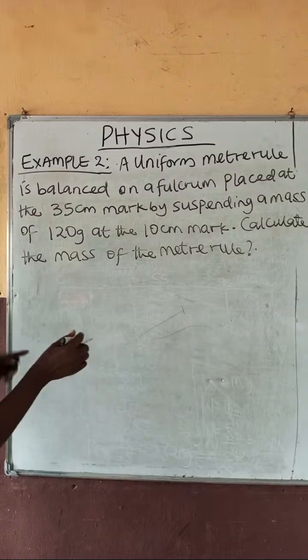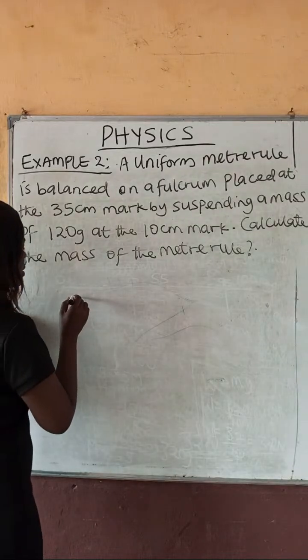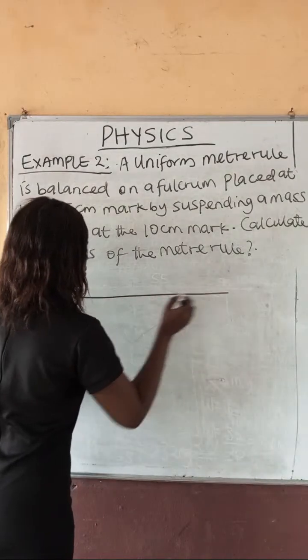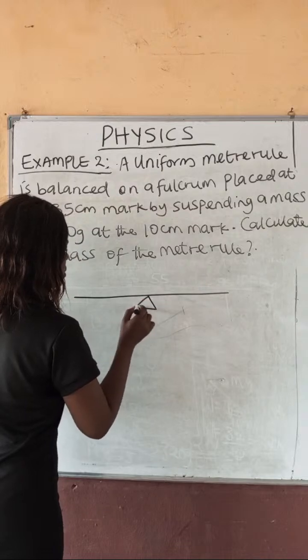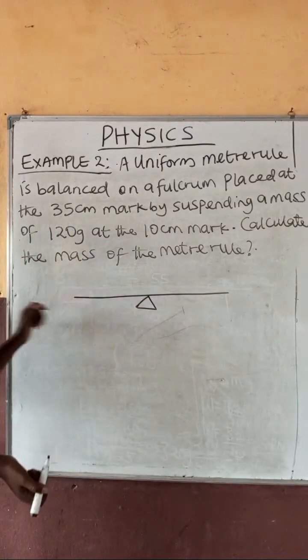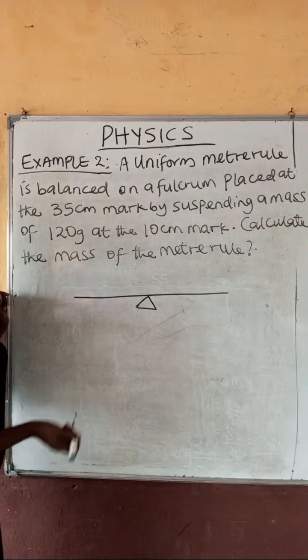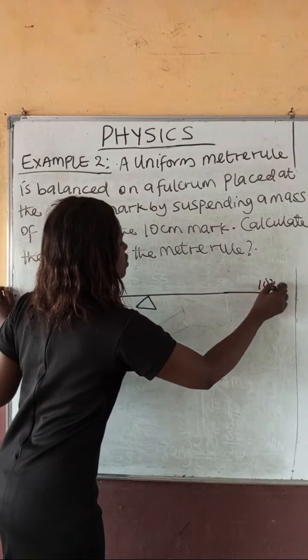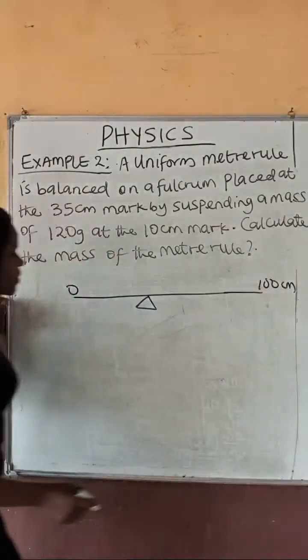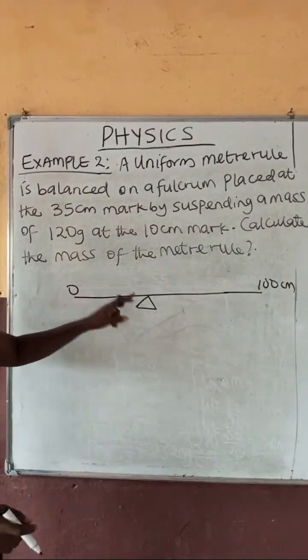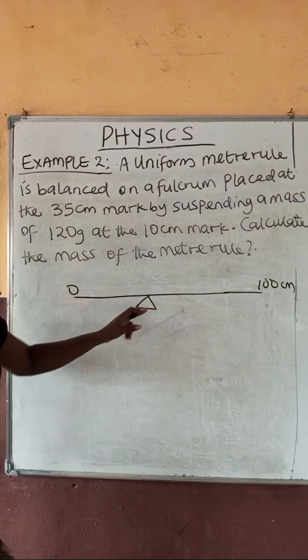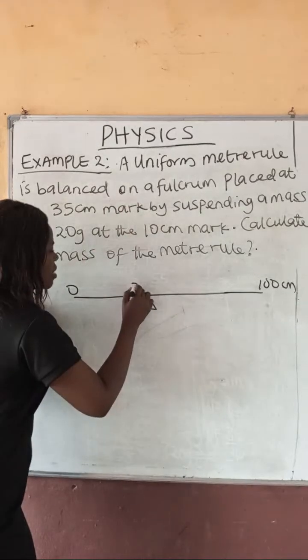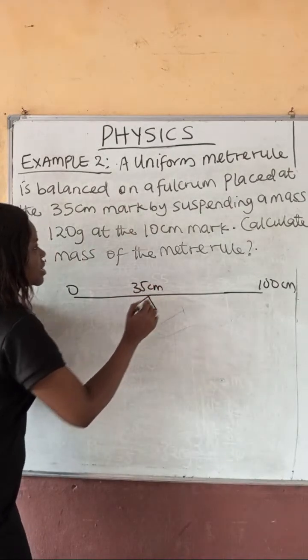This meter rule ranges from 0 to what? To 100 centimeter. Now, this pivot, or the fork, was placed at the 35 centimeter mark.